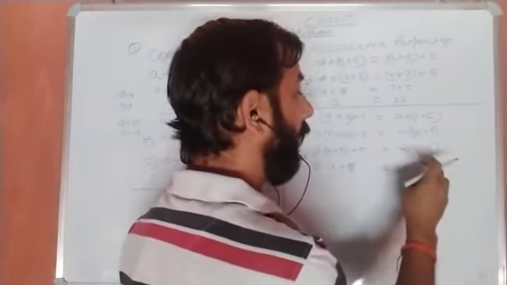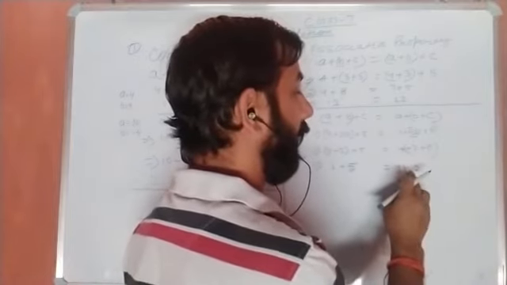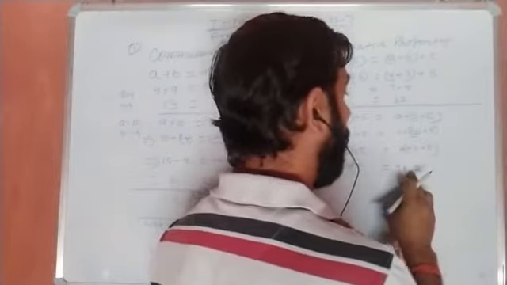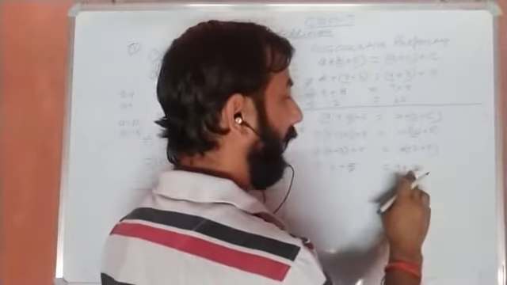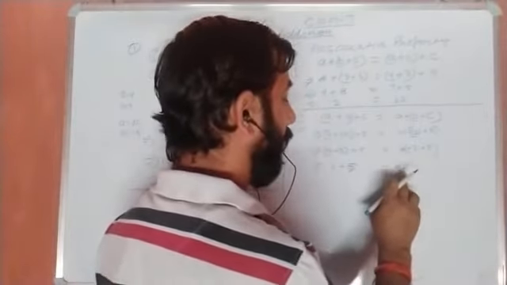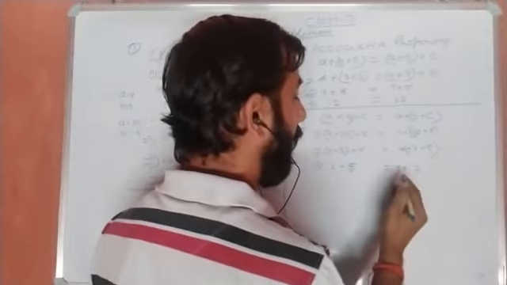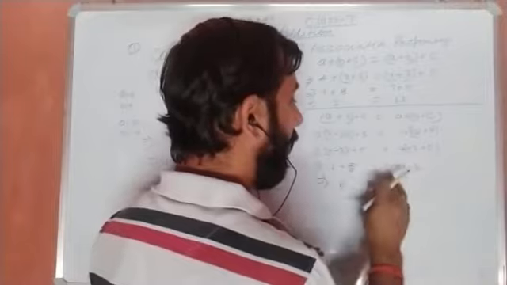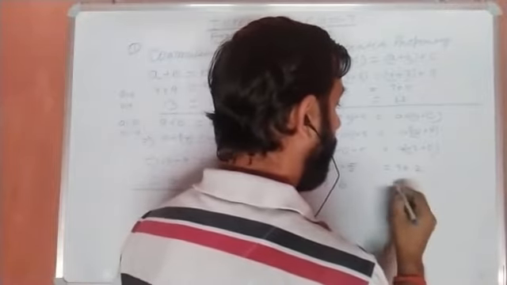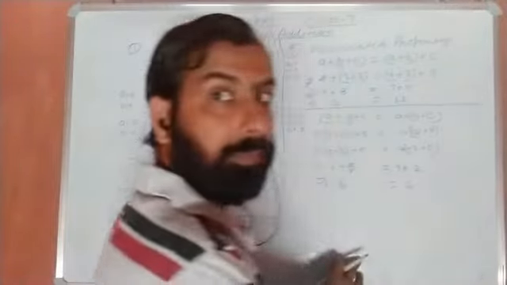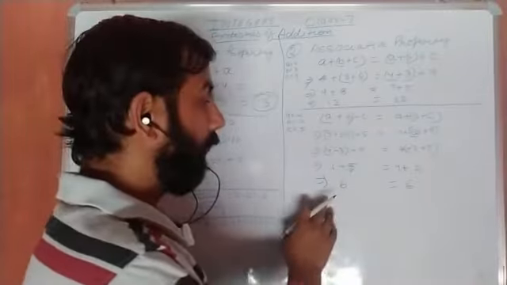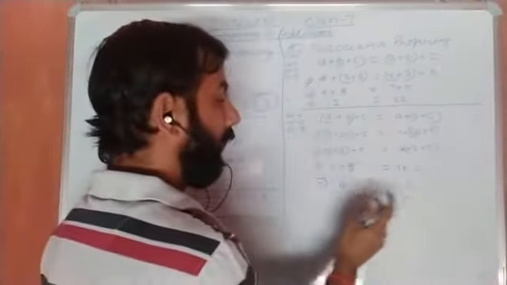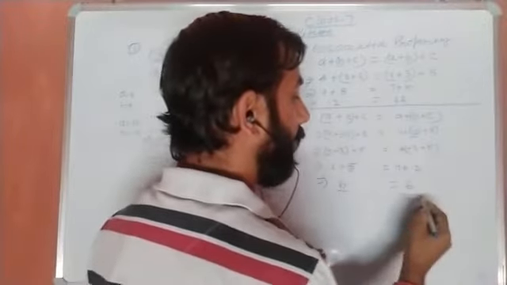And what will the sign be? Of the positive. So now 4 plus 2 is here, 1 plus 5 is what? 6. Here 4 plus 2 is 6. So we have got the same, no problem here. 6 is also here, 6 is also here.